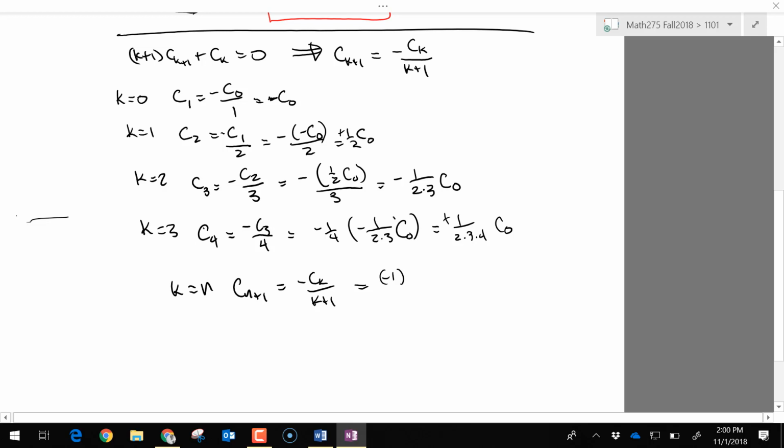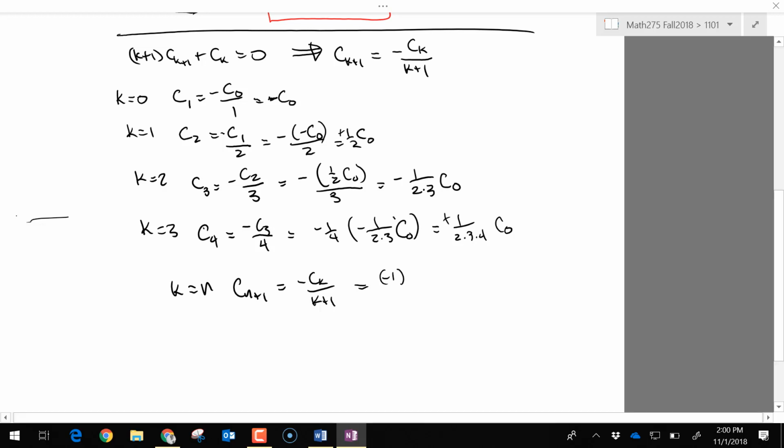Except when is it negative? It's negative on the even ks.